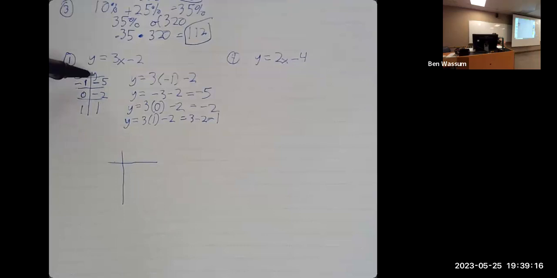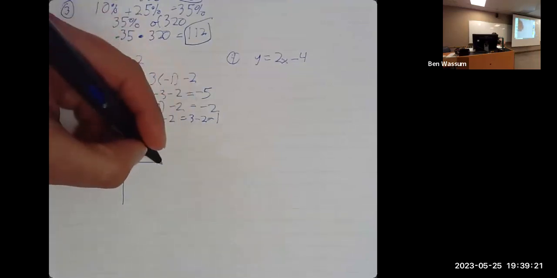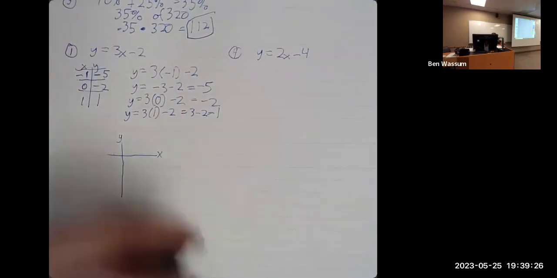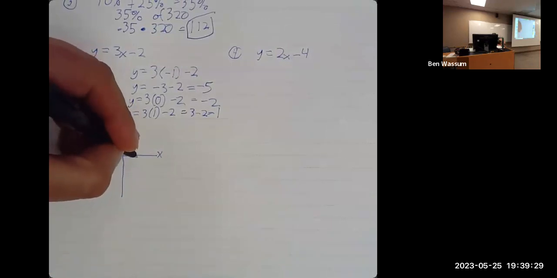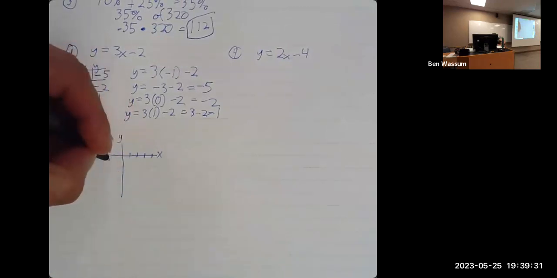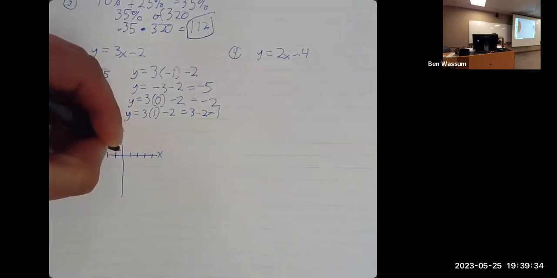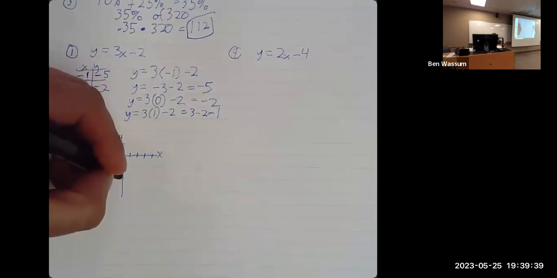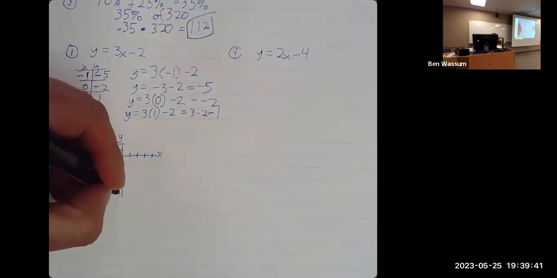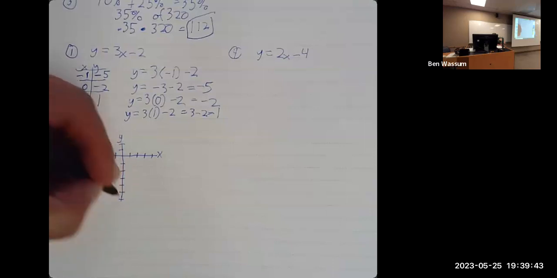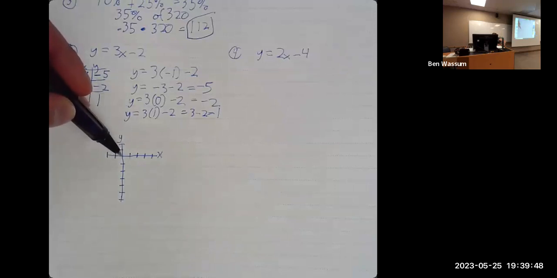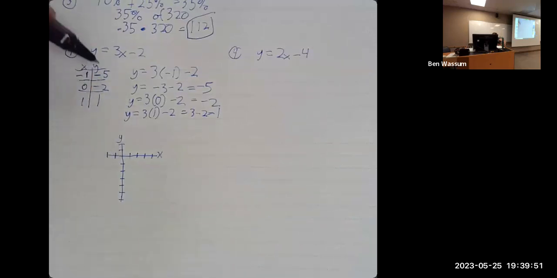And I'm mainly just going to be dealing with the negative on the Y. So we'll kind of do it that way. I don't know why I made it go further in the right, but whatever. And you want your points to be kind of the same distance apart. That way the graph is the most accurate. So we start at the origin, and we're going to graph all 3 of these points.